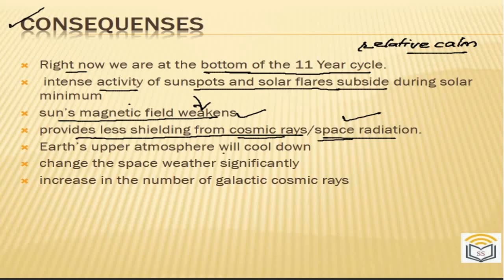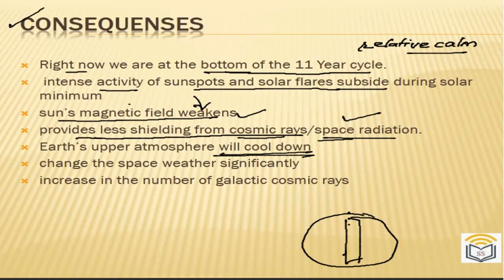Earth's upper atmosphere will cool down. Now as you know, this is our Earth, with magnetic north and magnetic south, and from here the magnetic field will look like this.